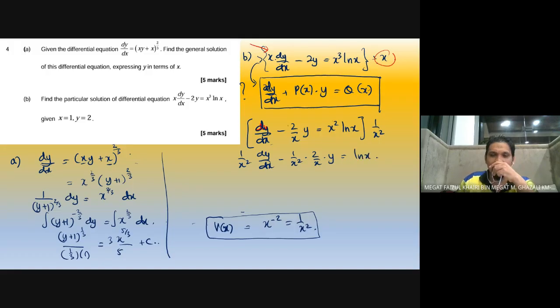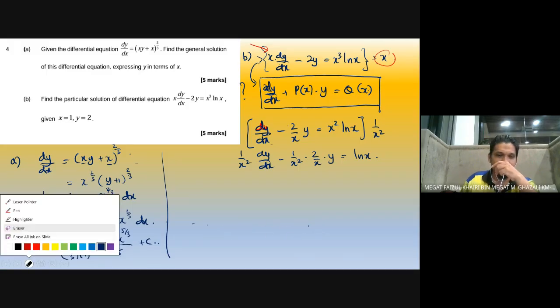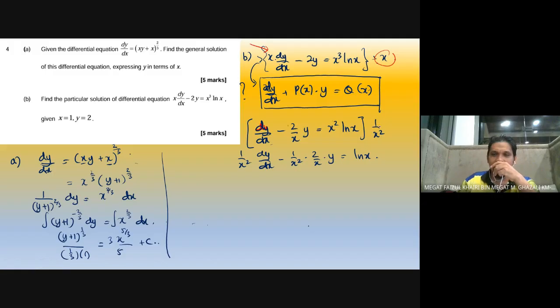So natural log of x is left then. Because 1 over x squared multiplied to dy/dx, multiplied to this, and multiplied with this x squared ln x.